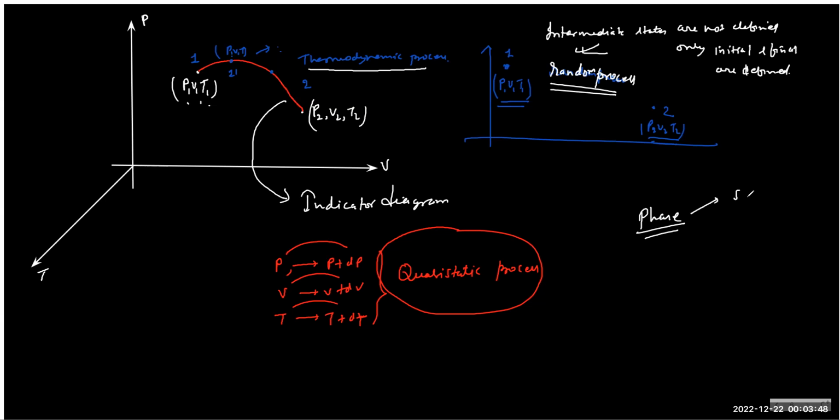Phase is solid, liquid, gas. In physics, the meaning of state and phase are quite different than in chemistry. In chemistry, you may say solid state, liquid state, gaseous state. So the word state in chemistry is actually phase in physics. Physics is always more accurate.